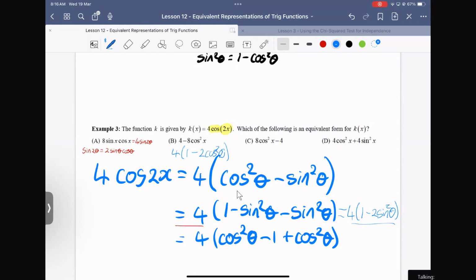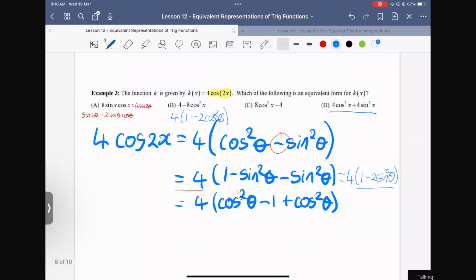This last one over here is the Pythagorean identity, or you're just missing the minus sign there. It's ever so close to looking right, but it's not quite.